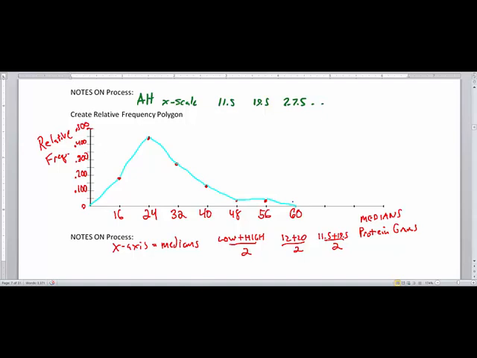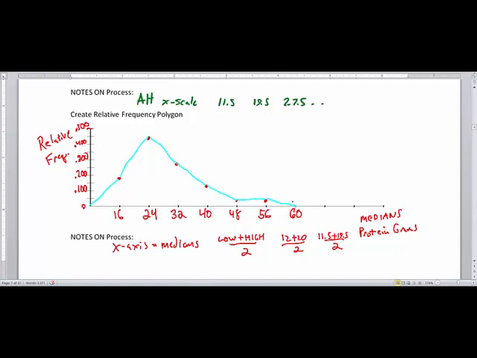But what's cool about the frequency polygon and the frequency histogram is you see skewness and symmetry. You see the shape of the data. And that's the key to descriptive statistics. Descriptive statistics is showing you the data in a very descriptive way, pictorially.